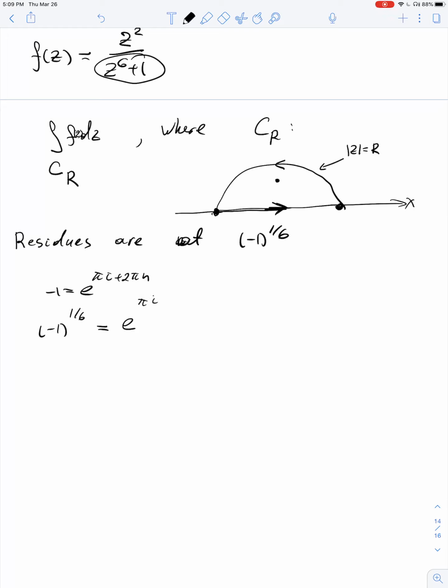I'll just list all the values. So pi i over 6. Then pi i plus 2 pi n is 3 pi i divided by 6, which is pi i over 2, which is i. Then 5 pi i over 6. Okay, then we add 6 pi n, so we get 7 pi i over 6.